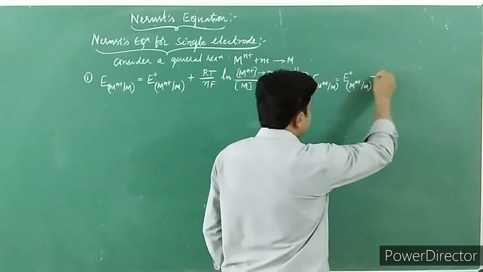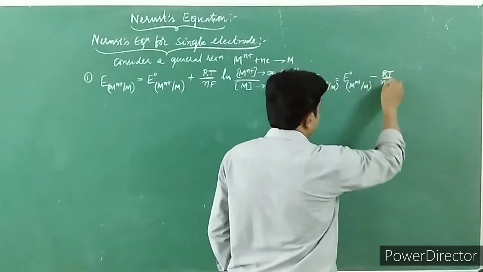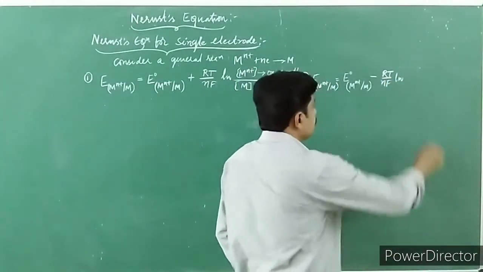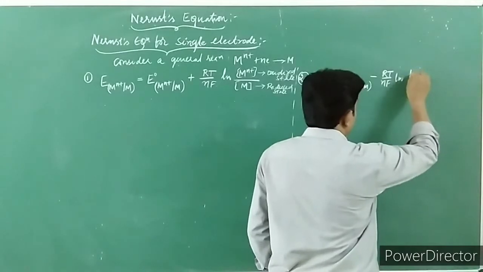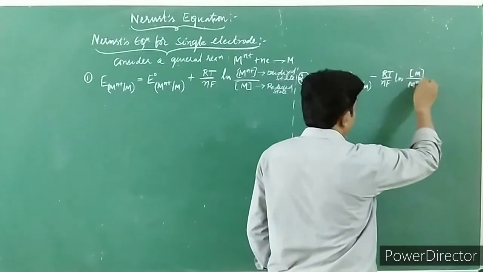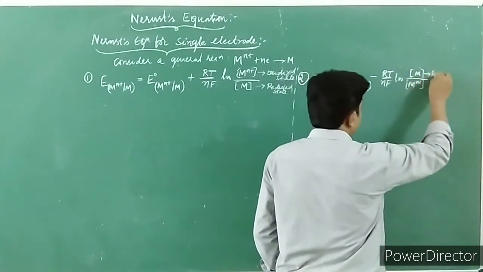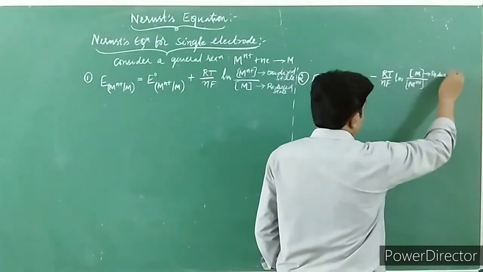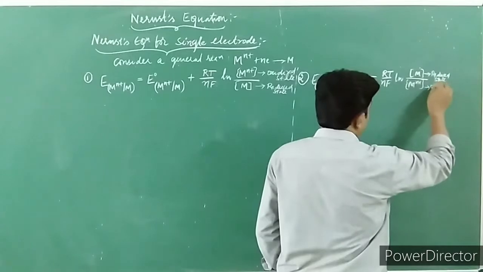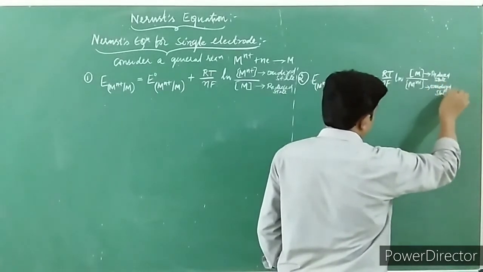Look at the sign here: minus RT by nF into natural logarithm of concentration of metal upon concentration of metal ions. Look here, this is the reduced state, whereas this is the oxidized state.